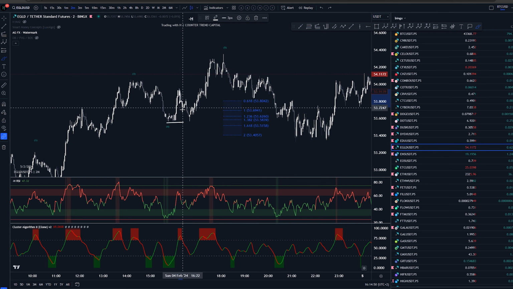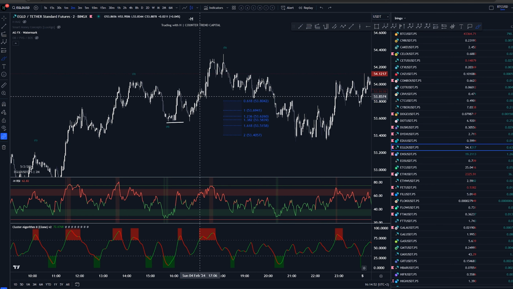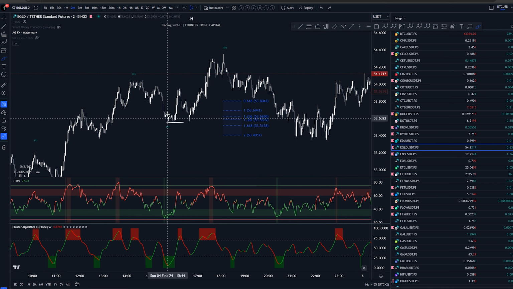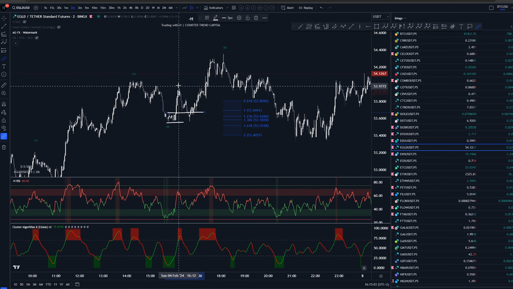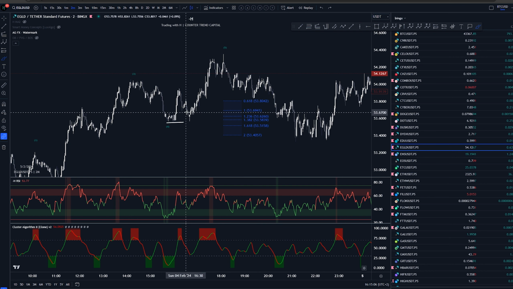We had some kind of 3-wave here, which is why I had that first entry there. But again, if we are playing by the strategy that I have, we want to come back to the previous wave 1 top for that entry most of the time with that 3-wave structure coming down. So that was the area of interest for me.